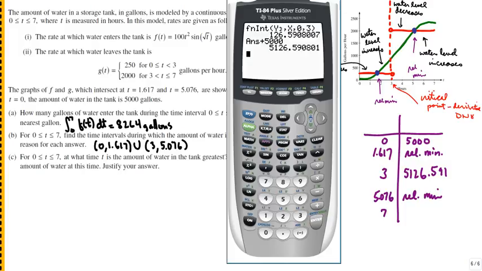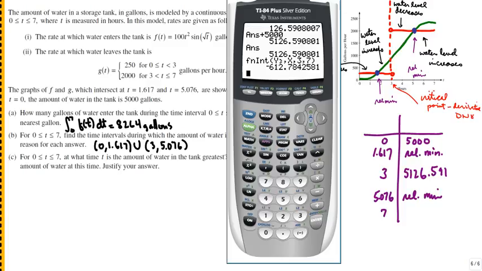So I'm going to do second answer, recall, second enter, second enter, second enter. Alright, now I have my function there, and instead of going from 0 to 3, I want to go from 3 to 7 this time.